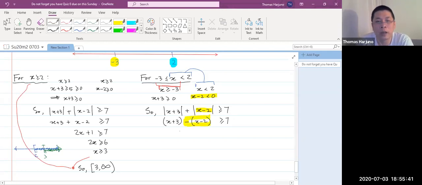Then when I combine like terms, x plus 3 minus x plus 2 greater than or equal to 7, I get 5 greater than or equal to 7. That's a contradiction. So no solution in this interval.